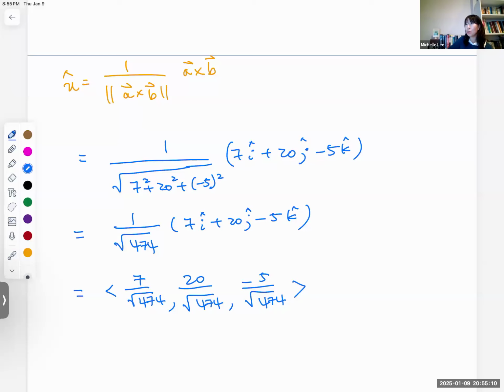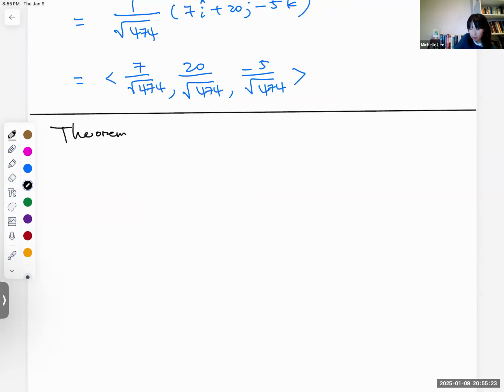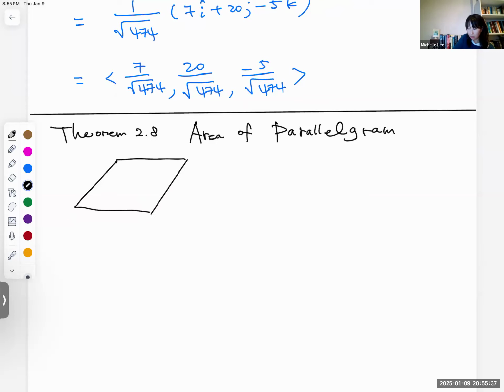Okay, now let's talk about the area of a parallelogram. Section 2.8, area of a parallelogram. It looks like a parallelogram. Let's make vectors.